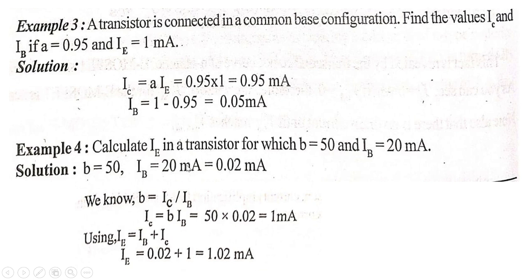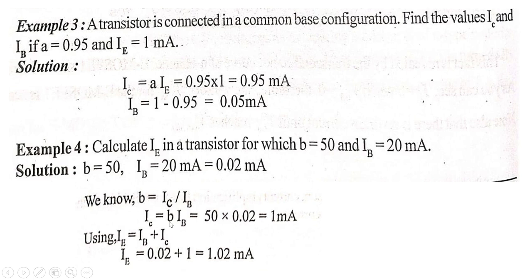Now see, calculate IE in a transistor for which beta equal to 50 and IB equal to 20 milliampere. So beta equal to 50 and IB equal to 20 milliampere, that is equal to 0.02 ampere. Now beta equal to IC upon IB.